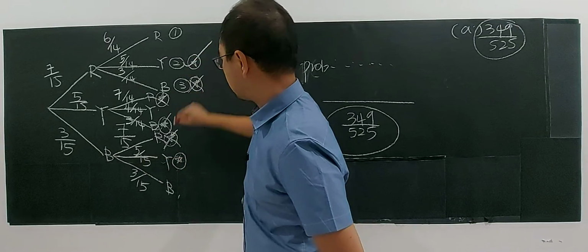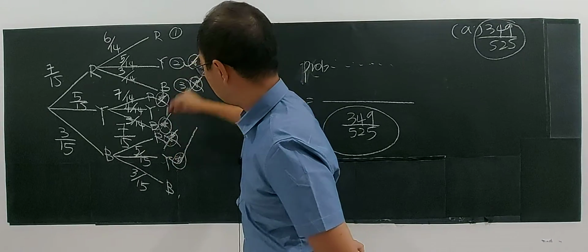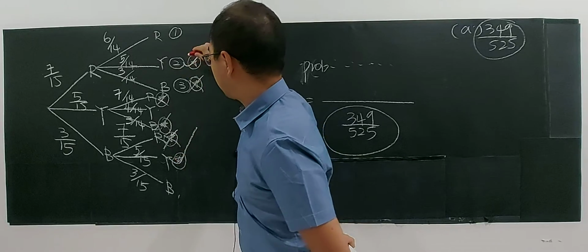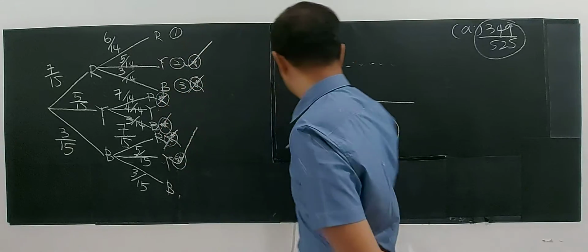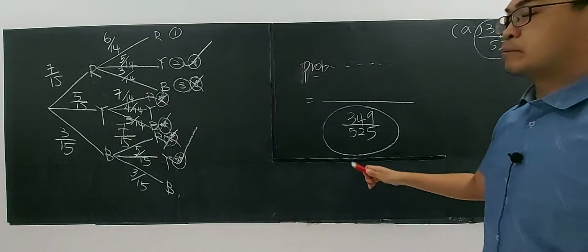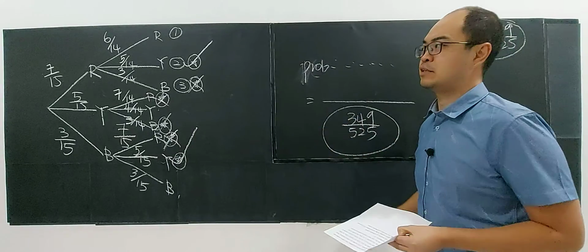So the probability of these two add up, divided by the total of these 6 starred ones. This is the meaning of conditional probability.